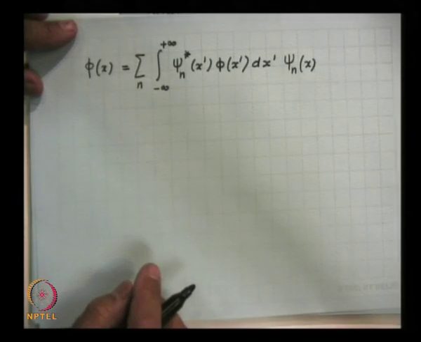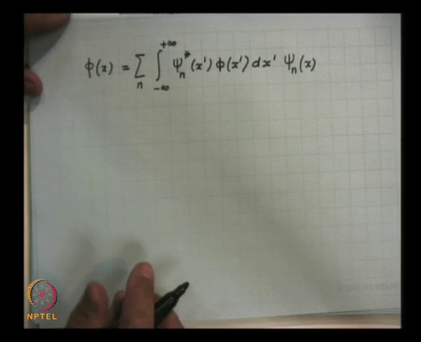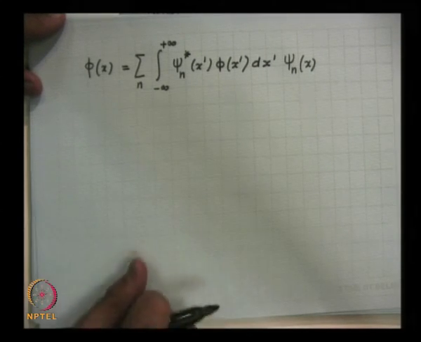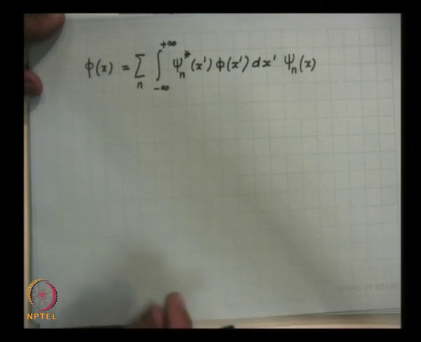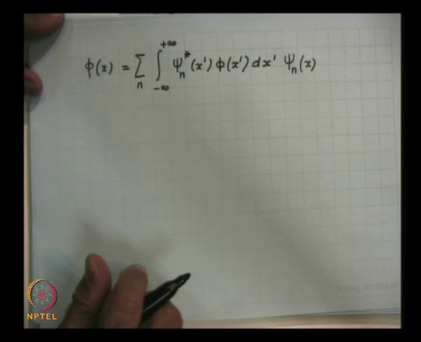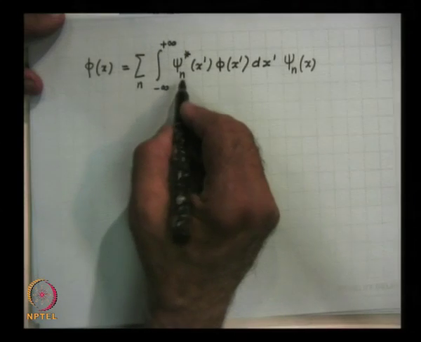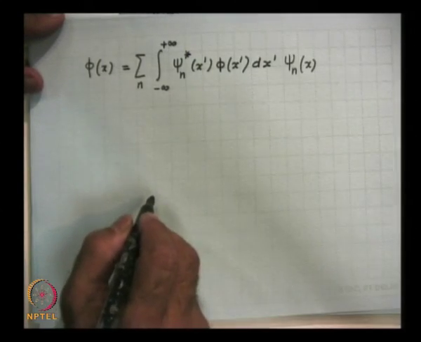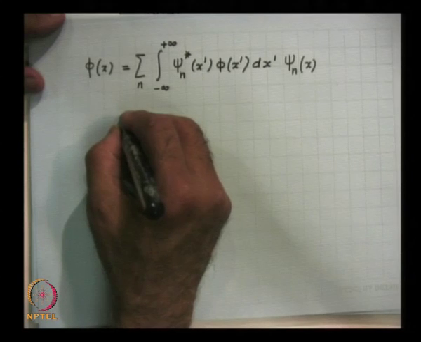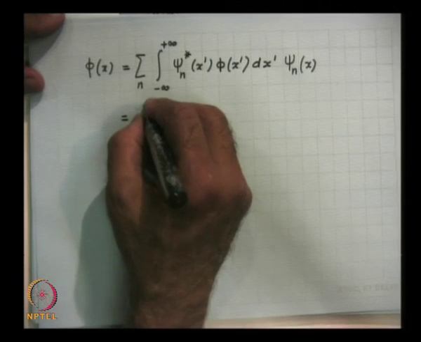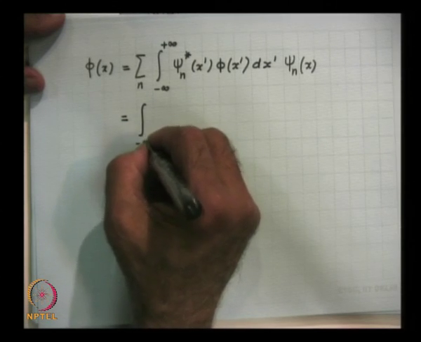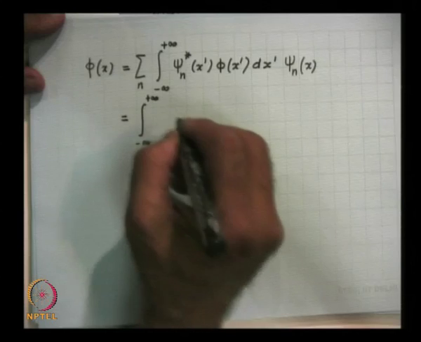What I will do is, I will first carry out the summation and then the integration, so that all these quantities which are dependent on n, I take this. So, I get summation is equal to integral from minus infinity to plus infinity. Please see this carefully.